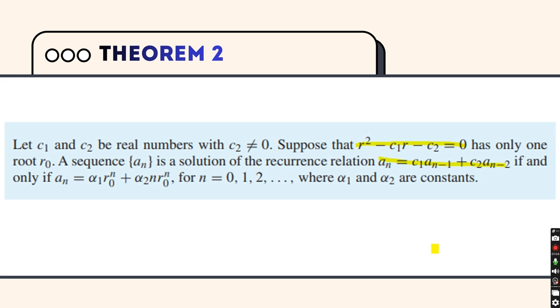The characteristic equation r raised to the power of 2 minus c1r minus c2 is equals to 0 has only one root, r0. This means the two roots are equal, or they are a repeated root.